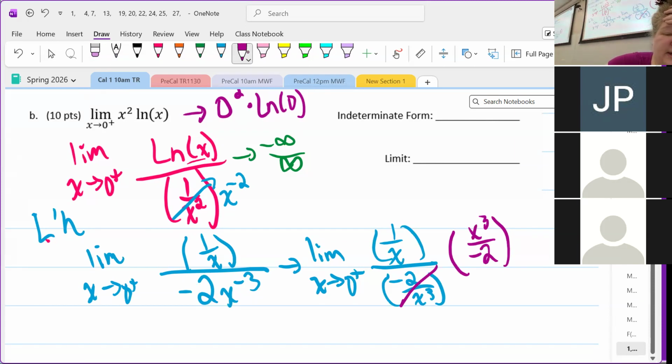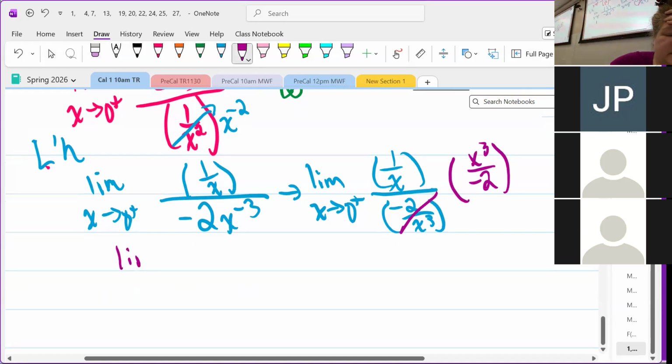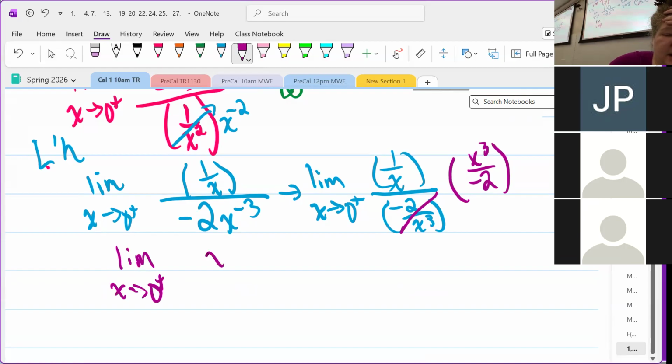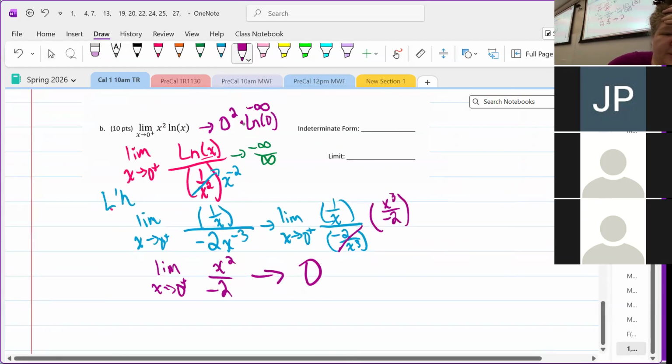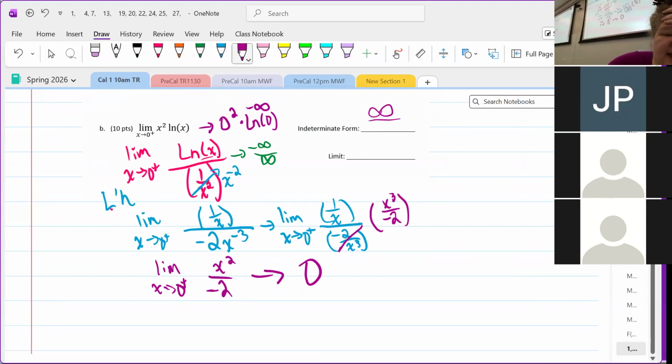So now our limit is x squared over negative 2. And when I plug in 0, I get 0. So our indeterminate form was originally 0 times negative infinity, but it became negative infinity over infinity. But our actual result ended up being 0.